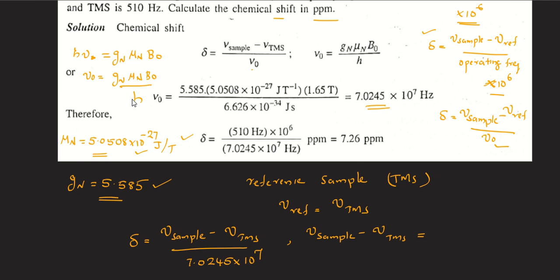It is 510 Hertz. So the delta will become 510 by 7.0245 into 10 raised to 7. But we need the answer in ppm, so please multiply this quantity by 10 raised to 6 and your answer is 7.26 parts per million.